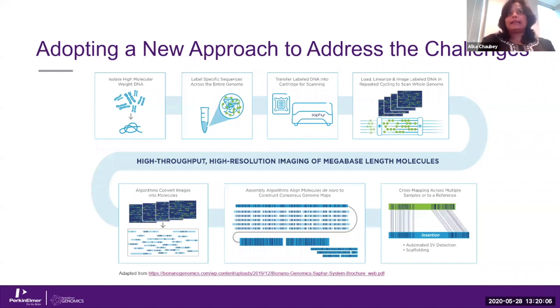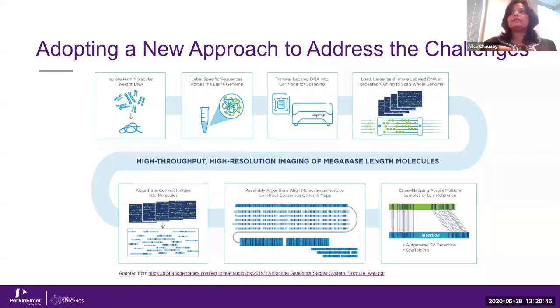Now, this labeled DNA is transferred onto a little chip that has nanochannels. Those nanochannels allow the linearization of these long molecules. Because the fluorescent labels are on there, in the Sapphire instrument, images of these labels are taken. These images are then converted into unique, digital molecules.